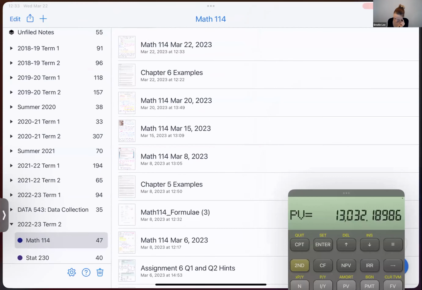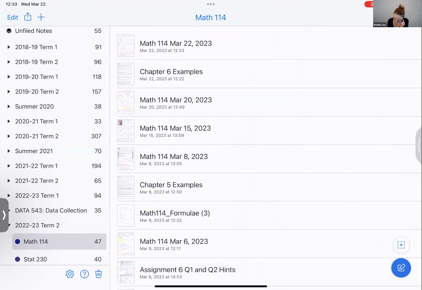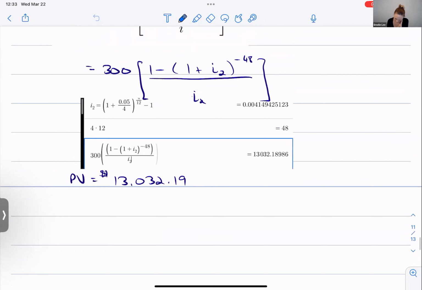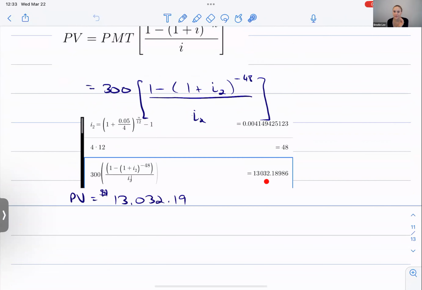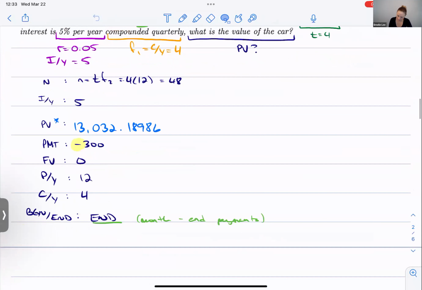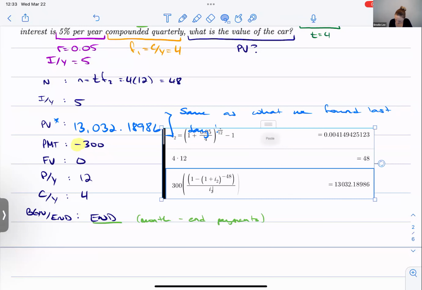What did we find? This is what we found, 1332.18986. I'm going to grab this copy. Same as what we found last day. All right, and I'll just put it in here.